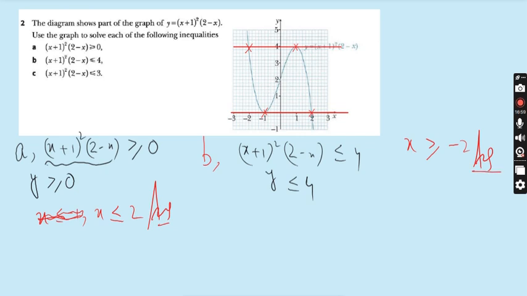Move to part C. (x plus 1) squared (2 minus x) less than or equal to 3. Obviously this equals y, so we have to draw the line y equals 3.